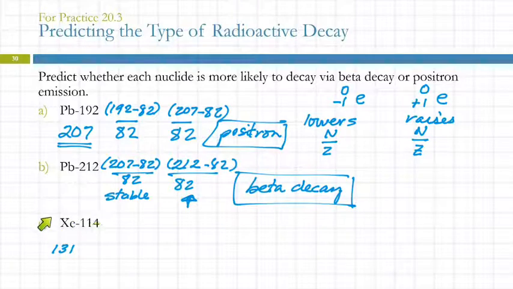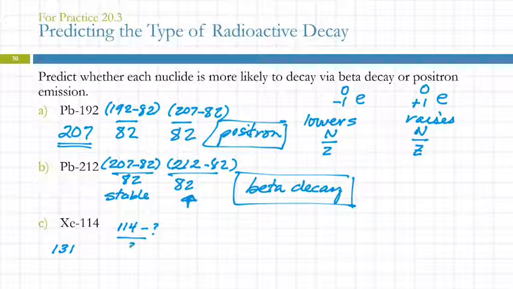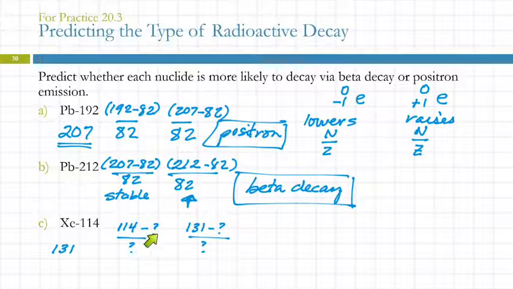So we don't even have to look up the number of protons, because both of them are going to have the same number of protons, and so the 114 is going to give us a smaller ratio than 131.